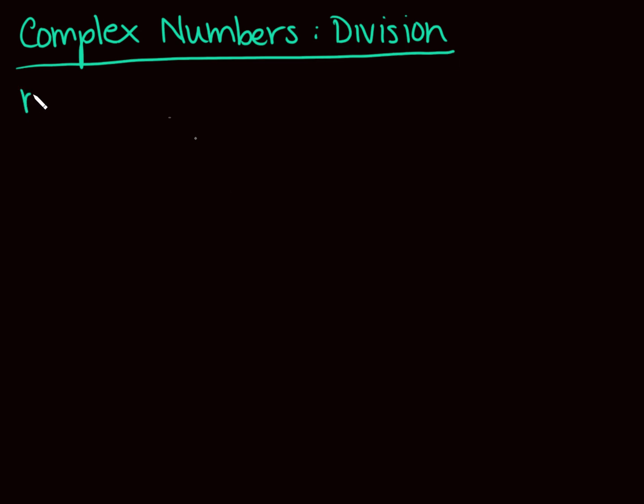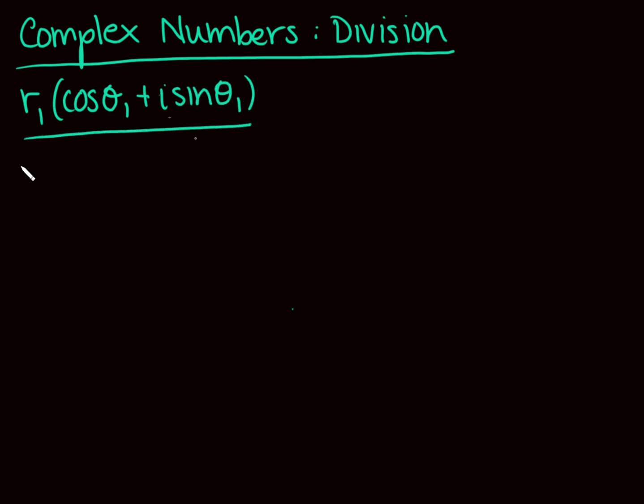So if I divide two complex numbers, it's going to be quite similar. If I take r1 times cosine theta 1 plus i sine theta 1, that is my first complex number, and I want to divide it by my second complex number given by the same kind of thing. You would hope that things would be similar, and actually they are. The great thing about this is it's going to be very similar to our multiplication one.